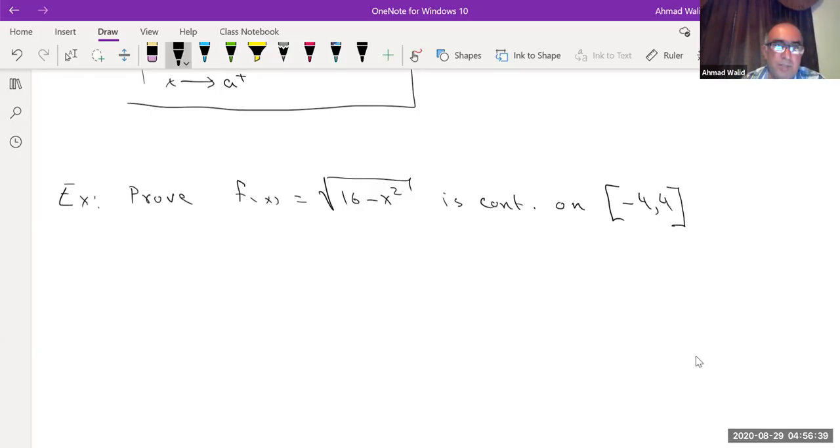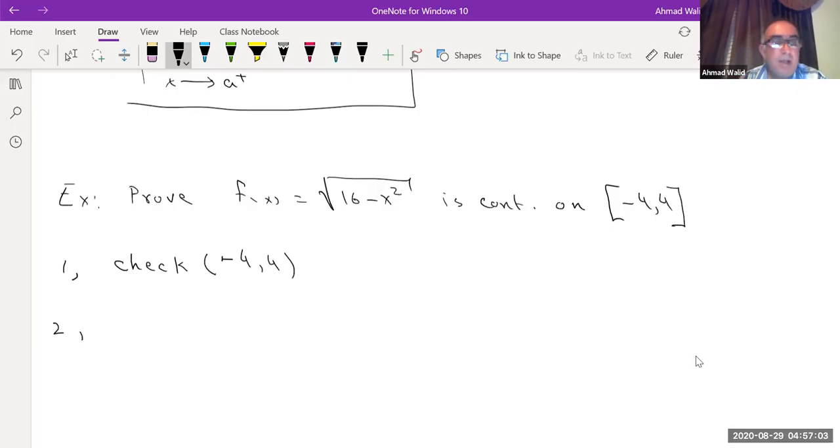To do this proof, I'll do three things here. Number one, I will check in an open interval from -4 to 4 if my function is continuous.